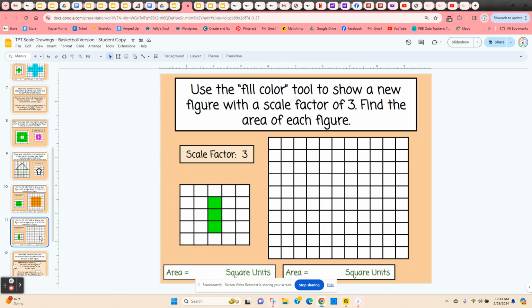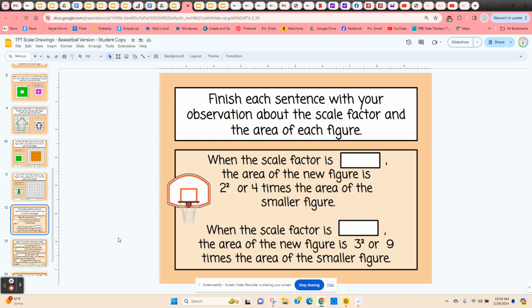And they've got one more to do like that. Then a little review: when the scale factor is 2, the area of the new figure is 2 to the second power, or 4 times the area of the smaller figure. When the scale factor is 3, the area of the new figure is 3 to the second power, or 9 times the area of the smaller figure.